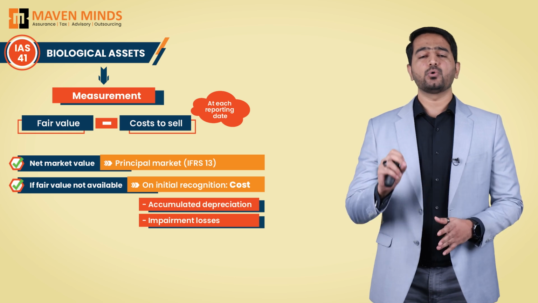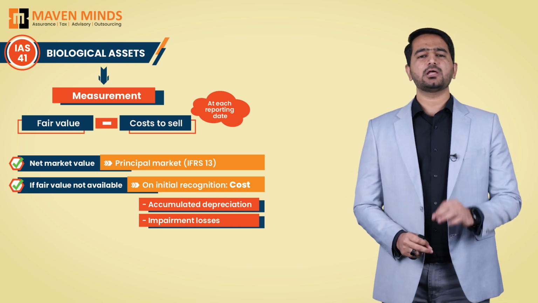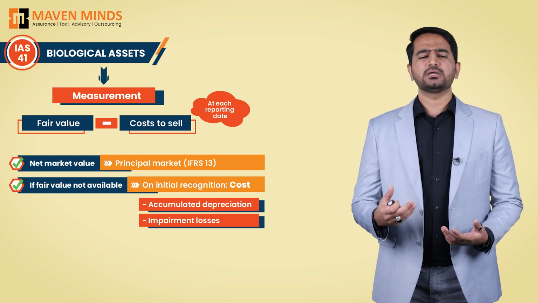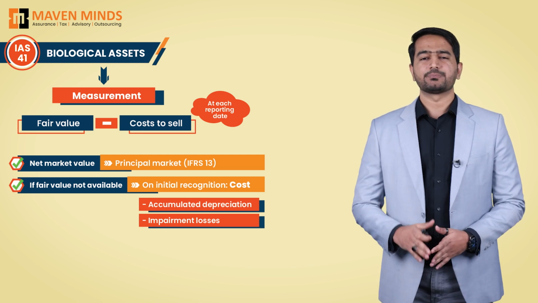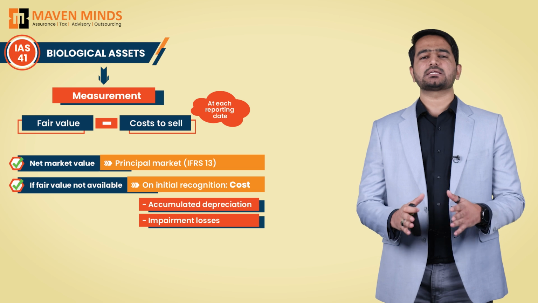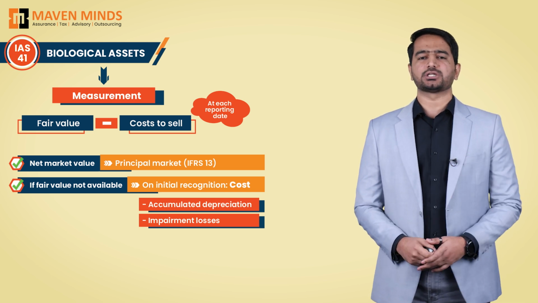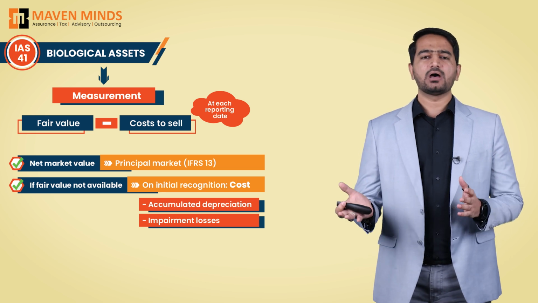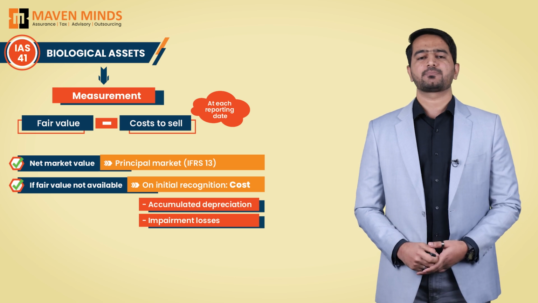But this applies only to non-current biological assets, because current biological assets like crops ready for harvest would be gone from the financial statements within a year. Also, keep in mind that measuring a non-current biological asset at cost is allowed only at initial recognition. Once the fair value becomes available later, you have to switch to measuring at fair value less cost to sell.